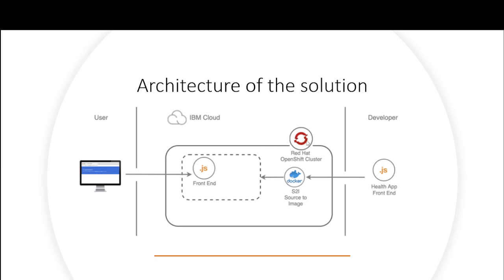This is the Red Hat OpenShift cluster, and we are going to use Docker, which is source to image. Okay, and this will be the front end. So we'll go through it on the IBM console, and we'll show you from there.